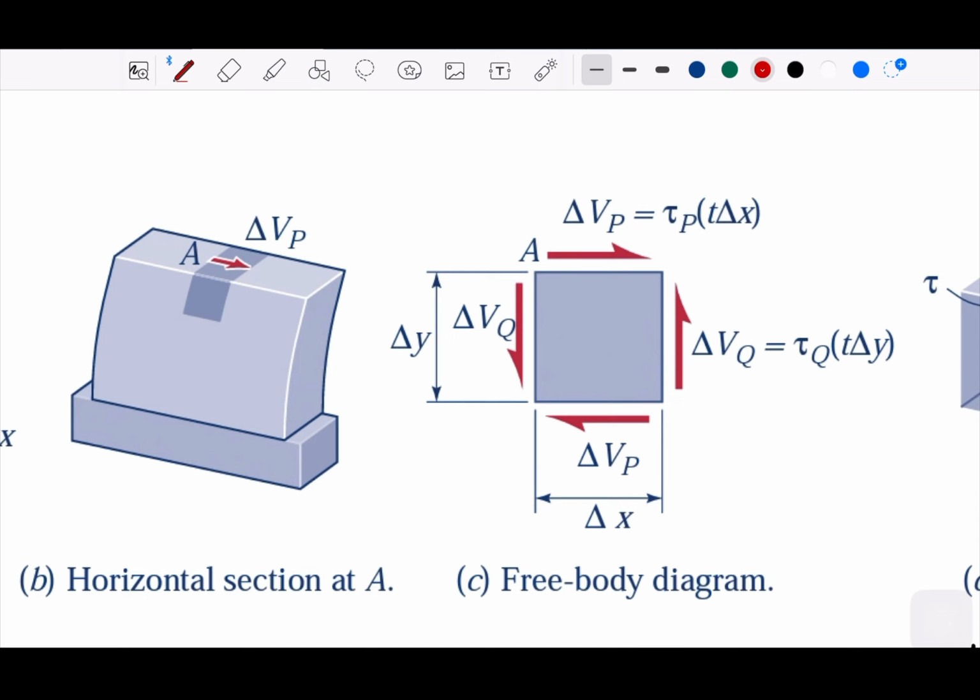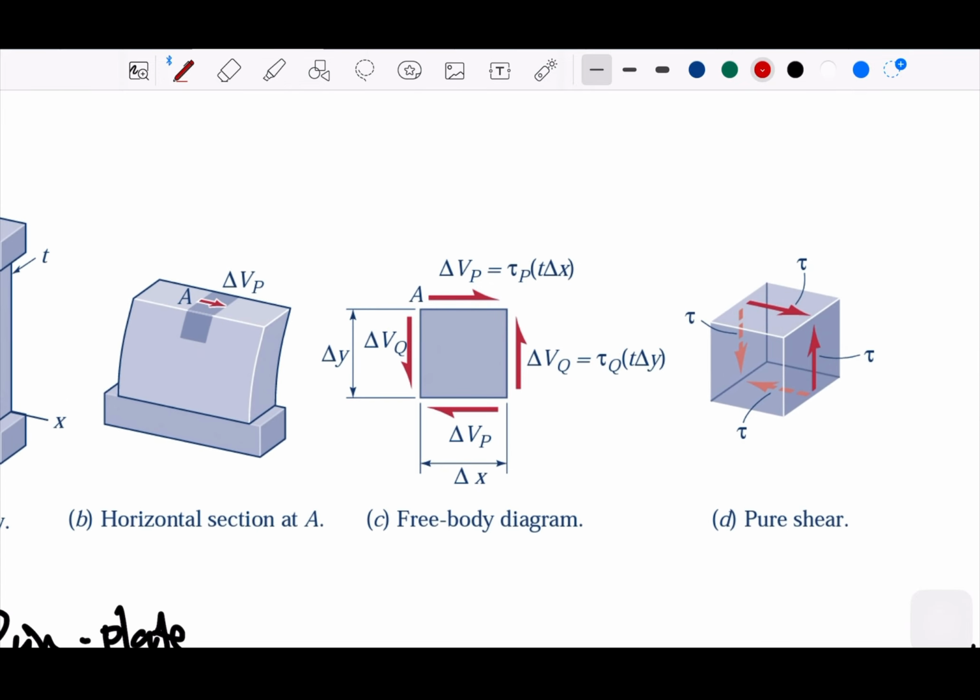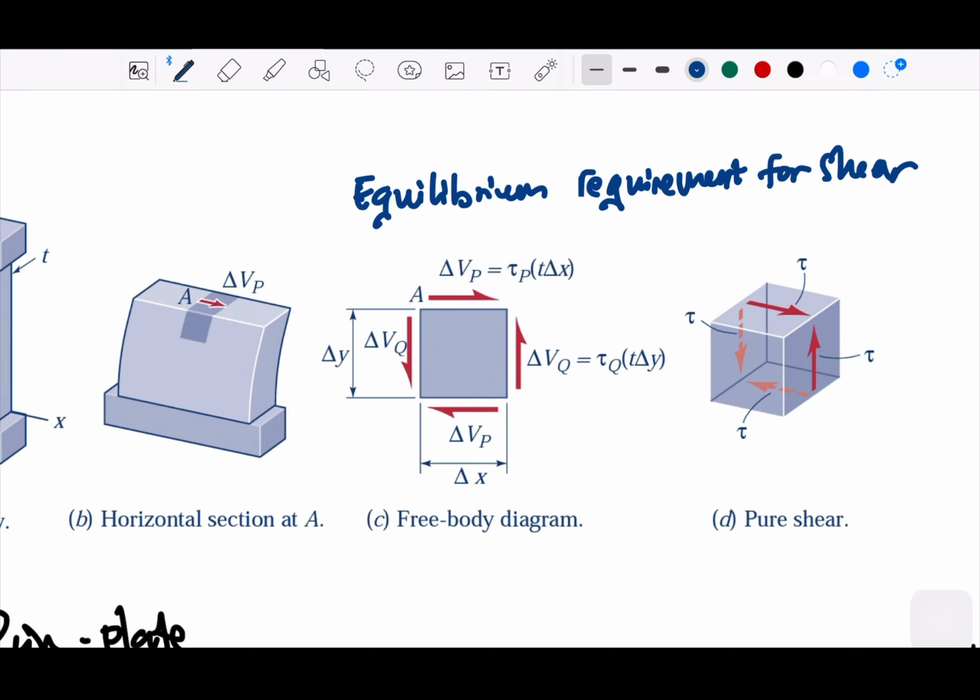So that is in equilibrium. We call this the equilibrium requirements for shear stress.